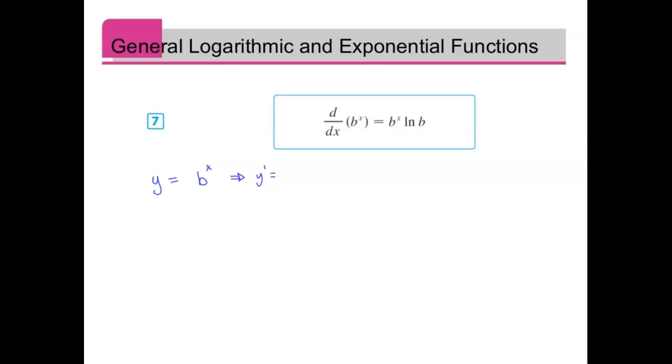And the way we're going to do that is, remember, any exponential equation can be rewritten in logarithmic form. So I can rewrite this in an equivalent logarithmic form as log base b of y equals x.